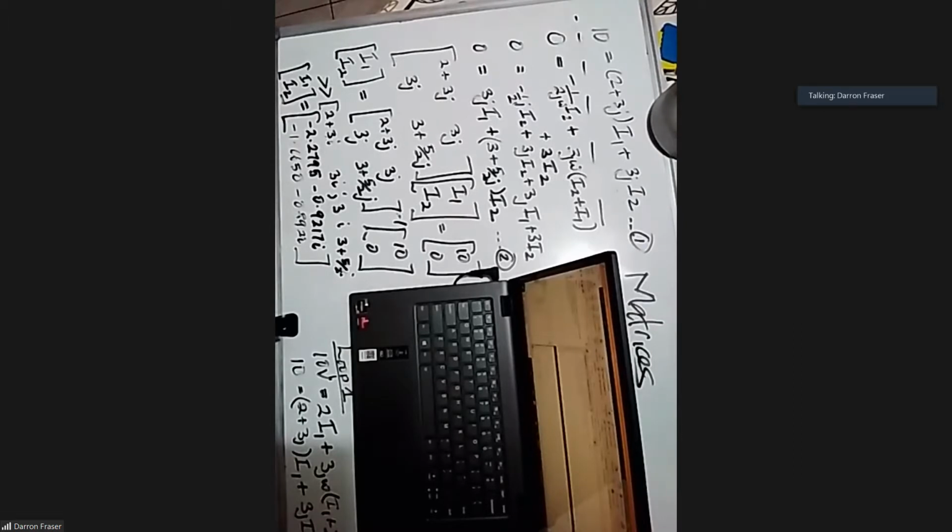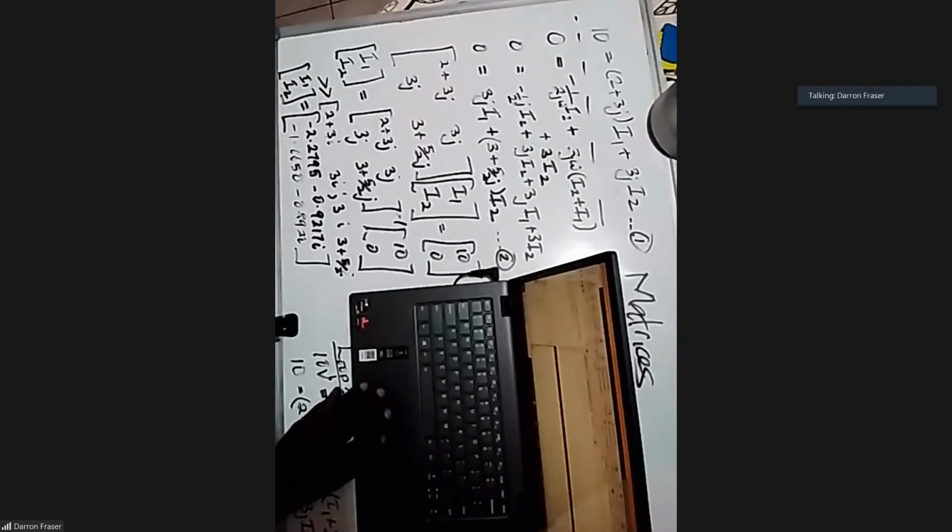That's what MATLAB gives me. This is my X, this is my Y, and I can put the minus 1 or inverse of X times the vector 10, 0, and I will get it.